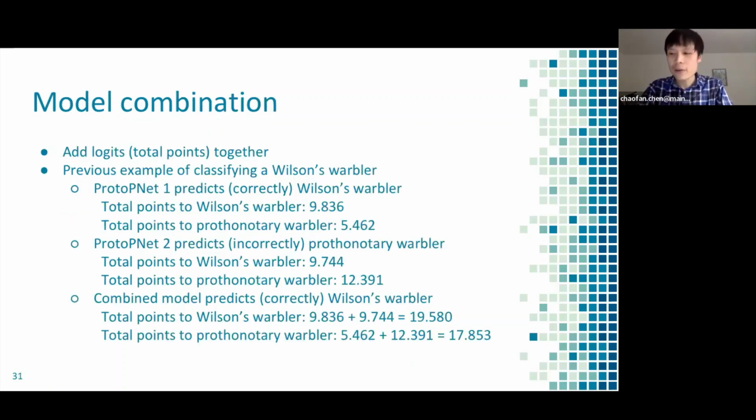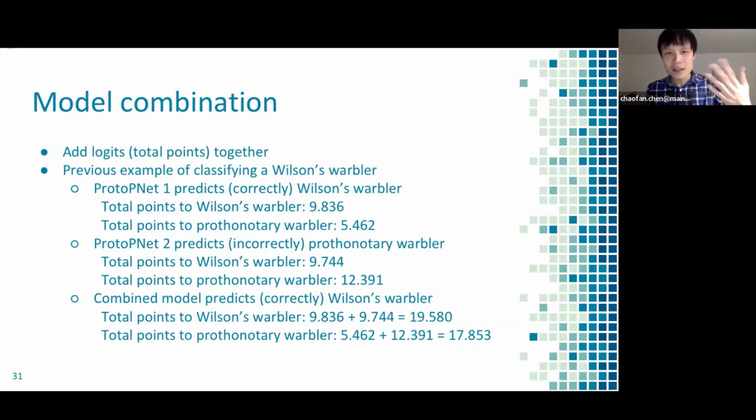And another thing we developed is that we can further improve the accuracy of our model by simply having more of the models, right? So this is the idea of ensembling. A very simple way to combine the predictions of several ProtoPNets is simply by adding the logits, or the total points, together, right?